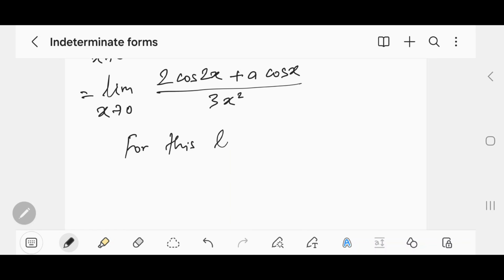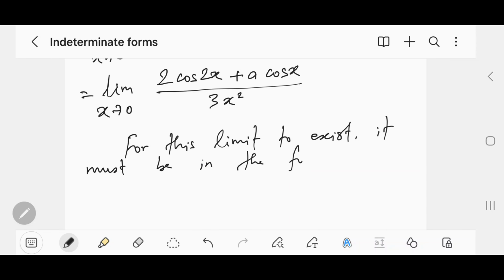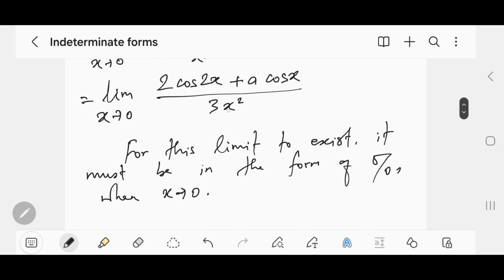For this limit to exist, it must be in the form of 0 by 0 when x tends to 0, right? Since the denominator is already 0, that's why the numerator should also be 0 when x tends to 0.